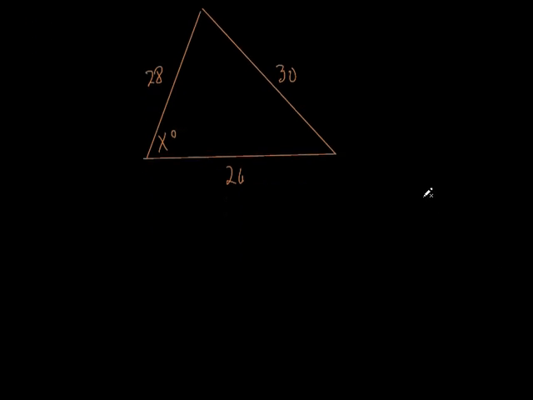Same exact problem, isn't it? Except different numbers. So, let's write it down. Watch what I'm doing. Write the law of cosines down so you don't forget. C squared equals a squared plus b squared minus 2ab cosine of C. Everybody good?